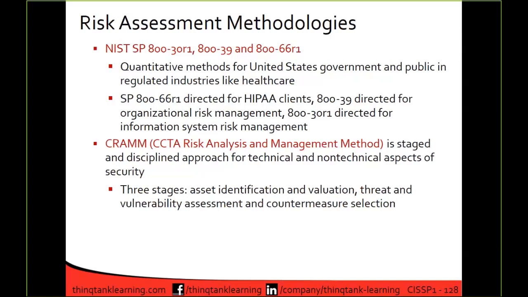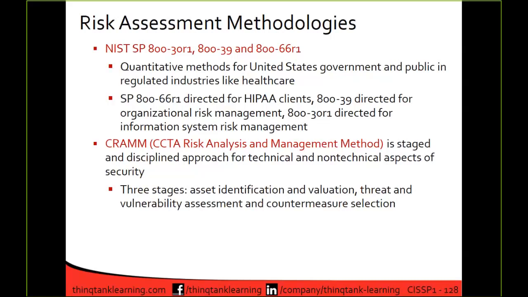Quantitative meaning that we can apply specific methodologies that have finite values to allow us governance of public sector information like healthcare, HIPAA compliance, etc. CRAM, another one. I mean, all of these are kind of related to each other.